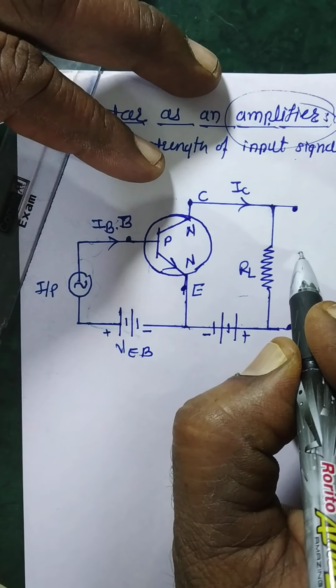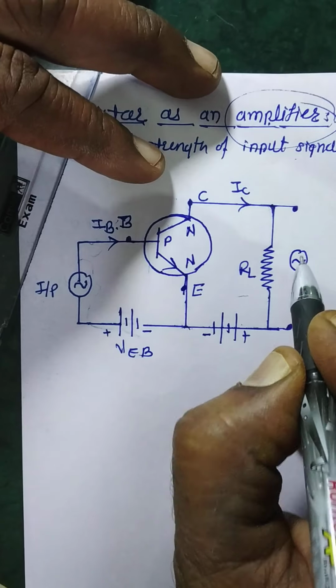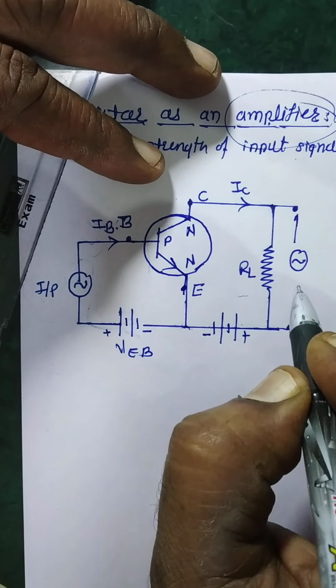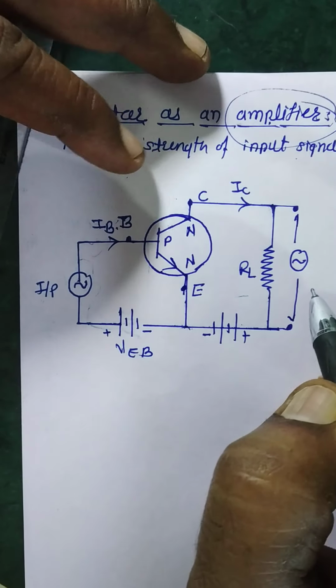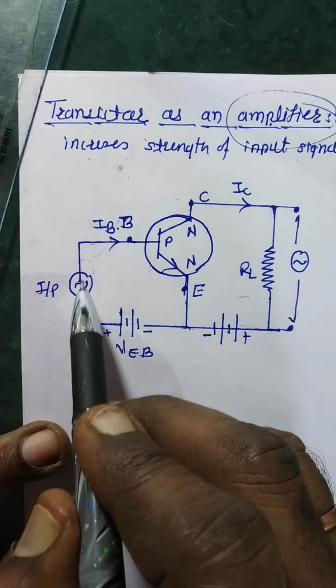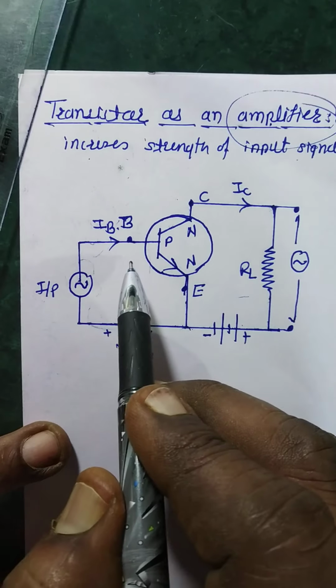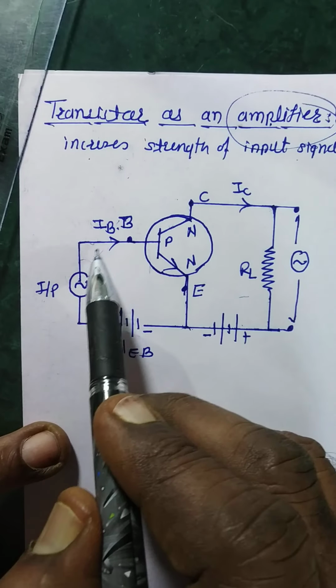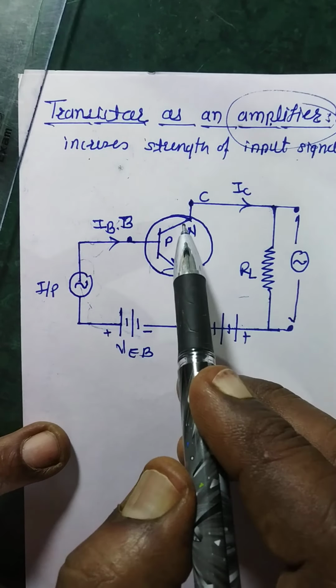Output signal. Emitter base forward bias, base collector junction reverse.